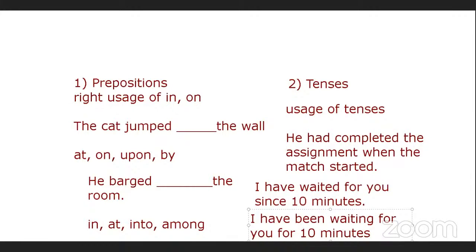Both are right. I have been waiting for you for 10 minutes. Or if you want to put since, you'll say since 11 o'clock. Clear, guys? So there were two errors in this statement.